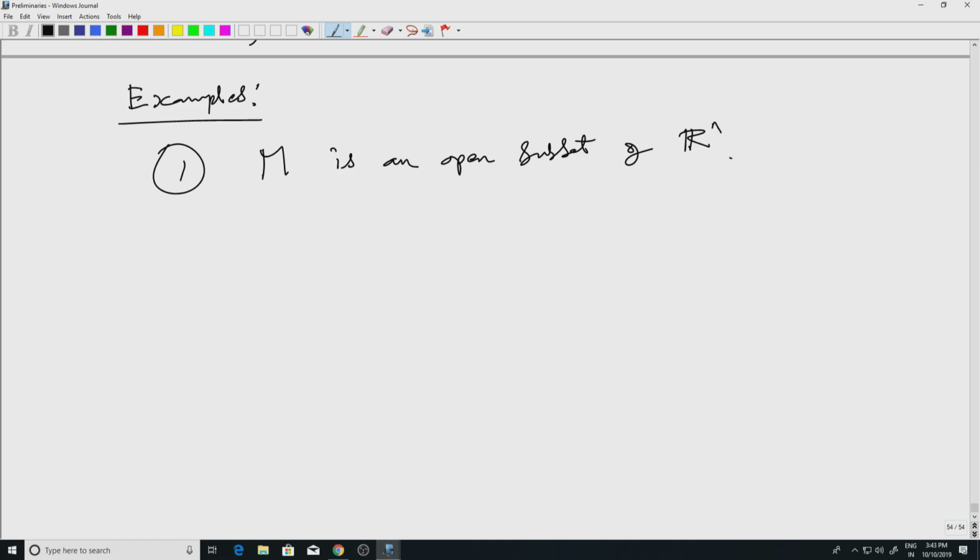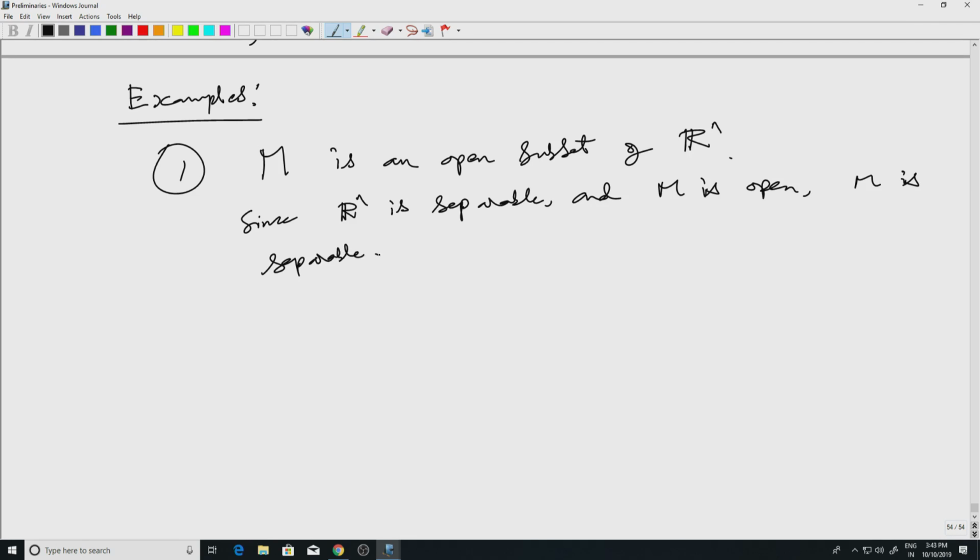And since Rn is separable and M is open, M is separable as well. M is separable. So this takes care of the first condition.